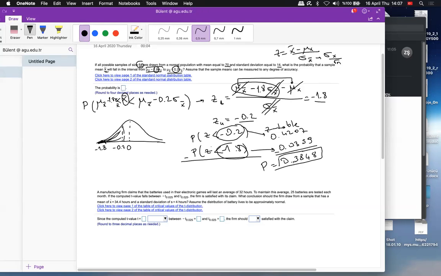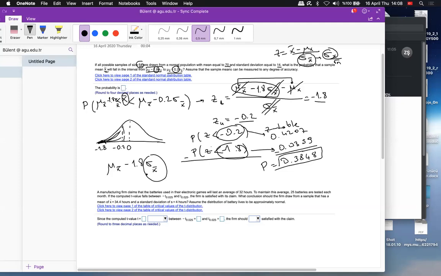There is a question: Hocam, why didn't we multiply by the root of the sample number? This is an important question. Thank you, Muhsin. Actually, what is being given to me is mu X bar minus 1.8 sigma X bar, you see? So this is already sigma X bar. It is not given like sigma X, it is not said here sigma X, but it is sigma X bar, okay?